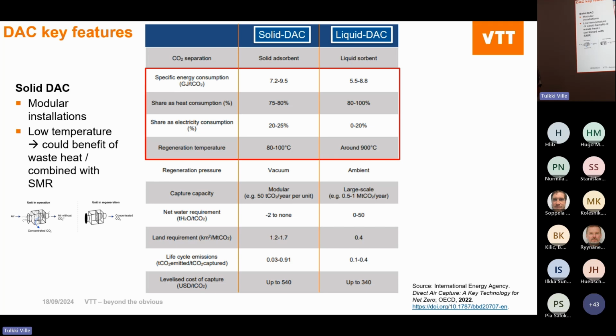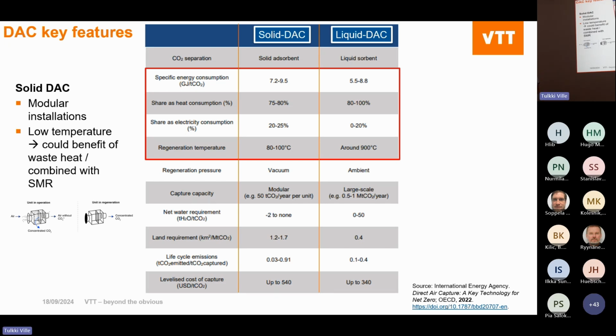This technology is suitable for modular installations, so it could have small-scale solutions or larger-scale plants with several modules installed. And as we have low temperature, here we could benefit from waste heat, or this technology could possibly also be combined with small nuclear reactors.